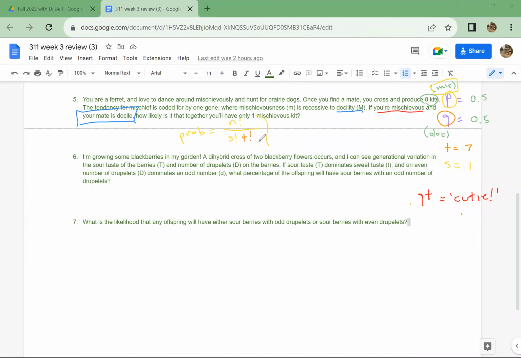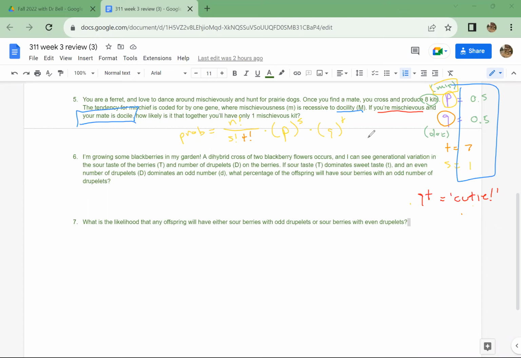And this expression here is then multiplied by P, the probability of a specific event, to the power of the number of times that event occurs, also multiplied by its antithesis, the opposite event, to the power of the number of times that opposite event occurs. And so, because we have all of our numbers, we can very nicely and neatly just plug them in to this equation.